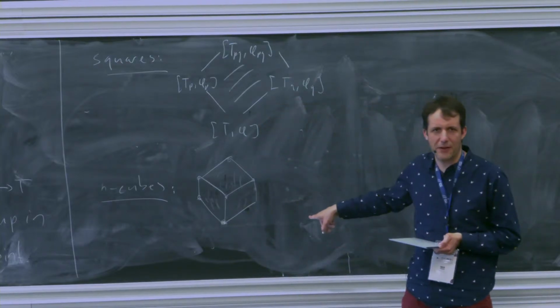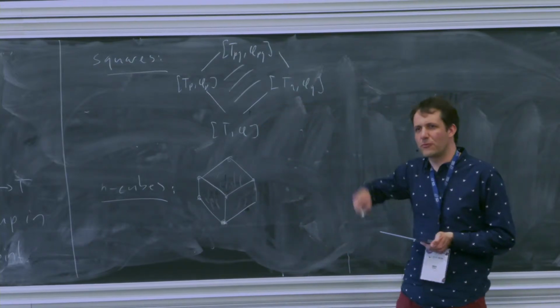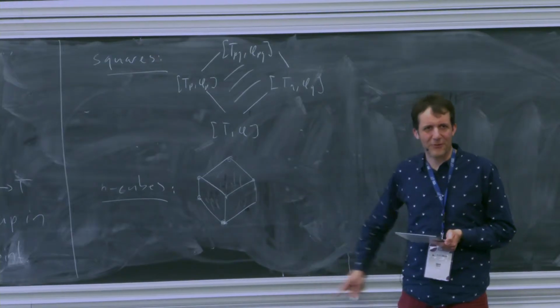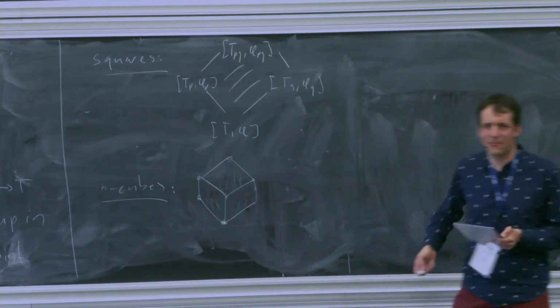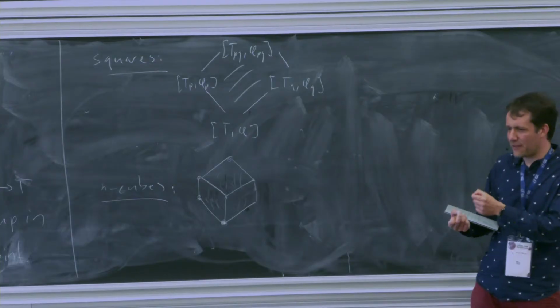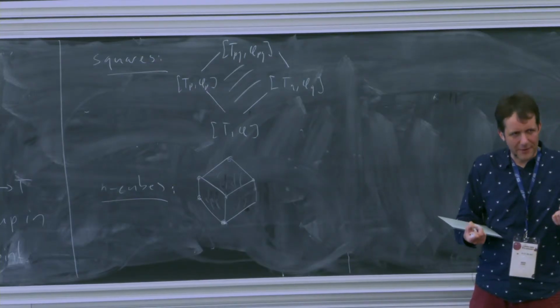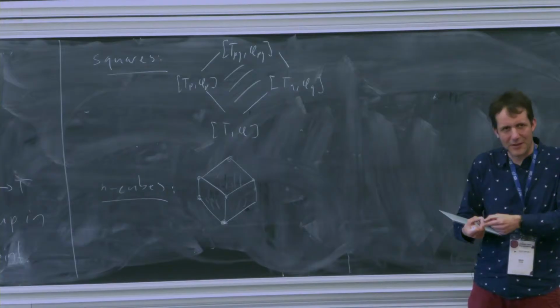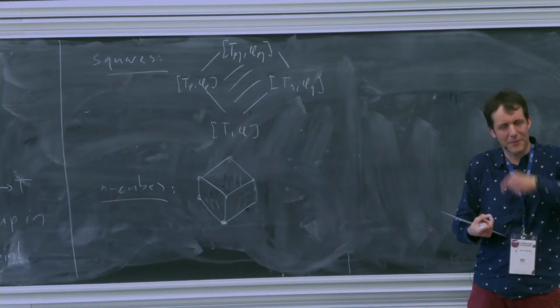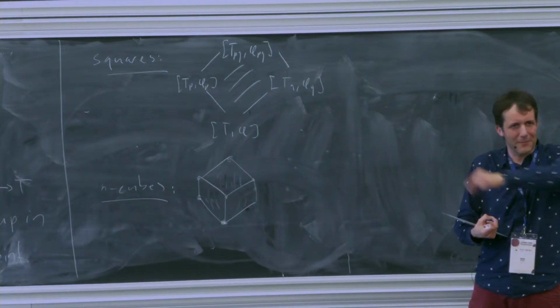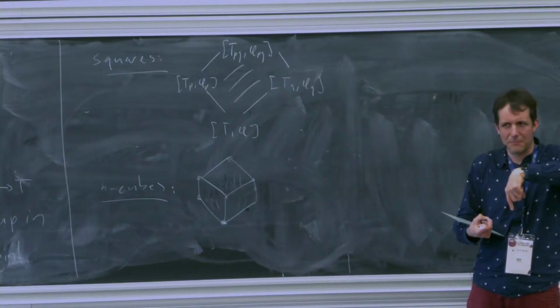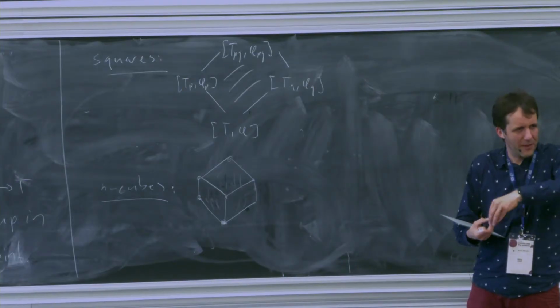So 2 to the n vertices are contained in an n cube if there exists one vertex represented by a surface such that we obtain the other vertices by blowing up some of these n points on the basic surface.